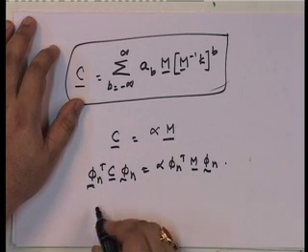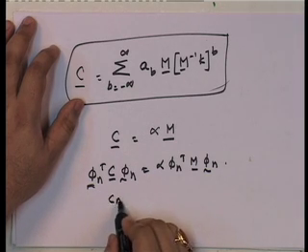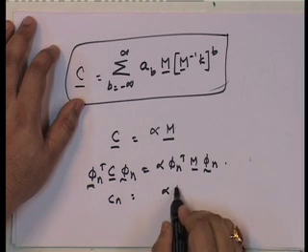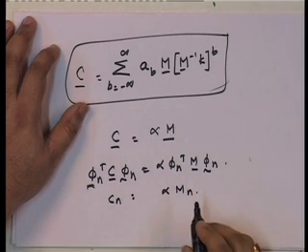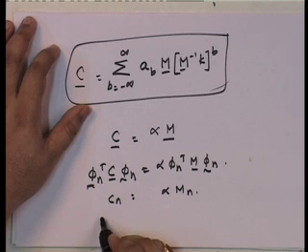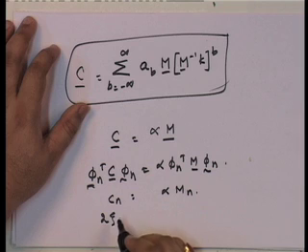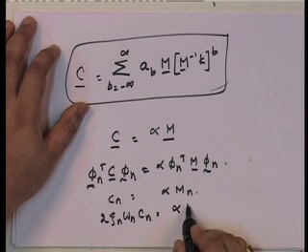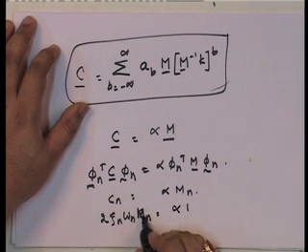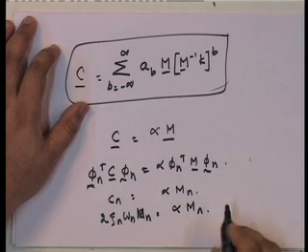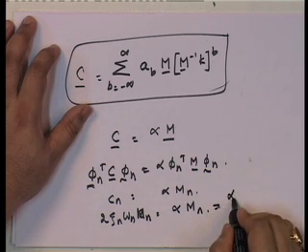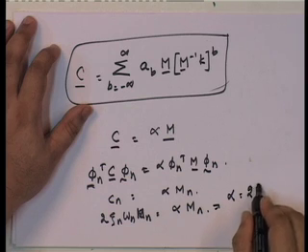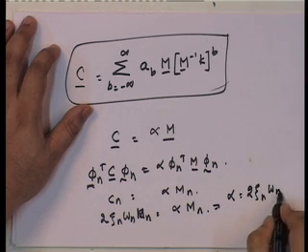So, this is equal to C n is equal to alpha m n. And note that C n is equal to 2 xi n omega n m n, which is equal to alpha m n. So, this implies that alpha is equal to 2 xi n omega n.